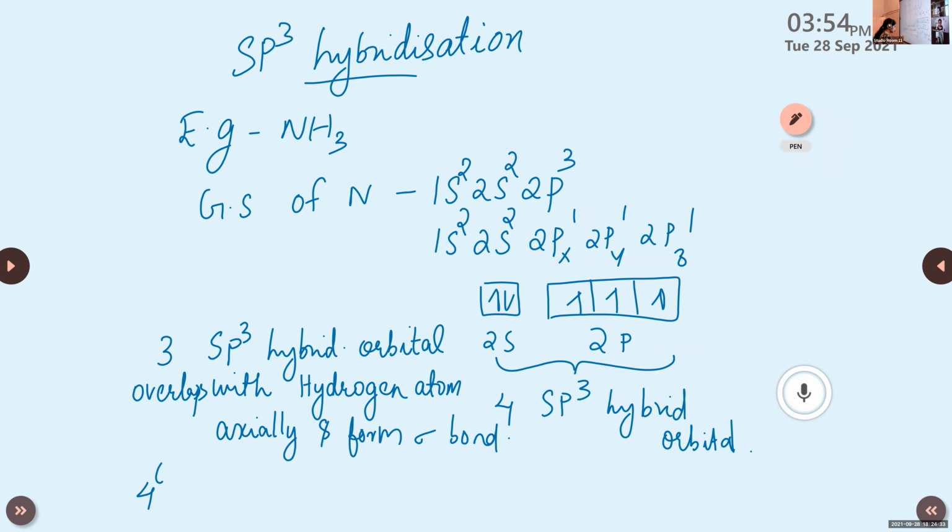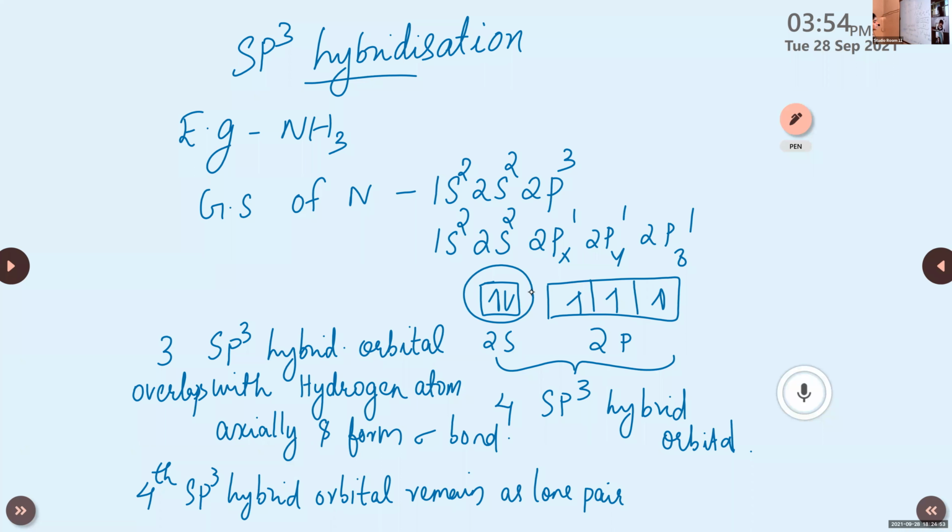The 4th sp3 hybrid orbital remains as a lone pair. You can see here in 2s there are 2 electrons. These electrons remain as a lone pair of electrons.